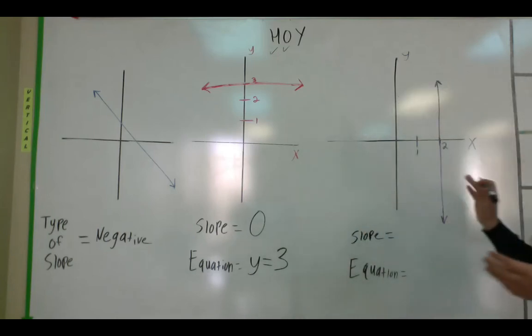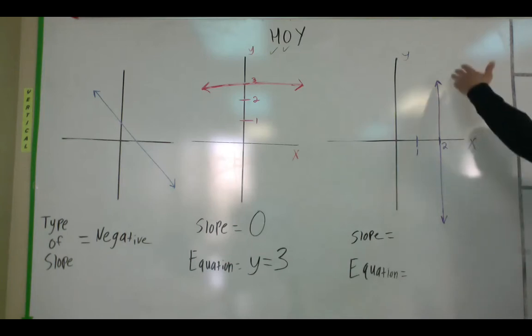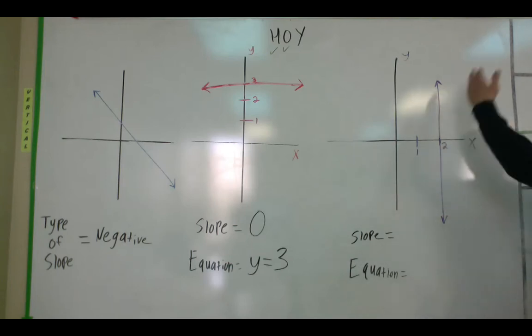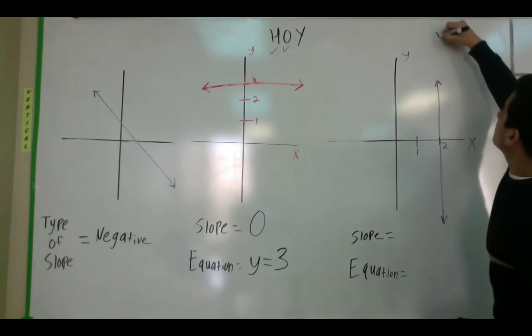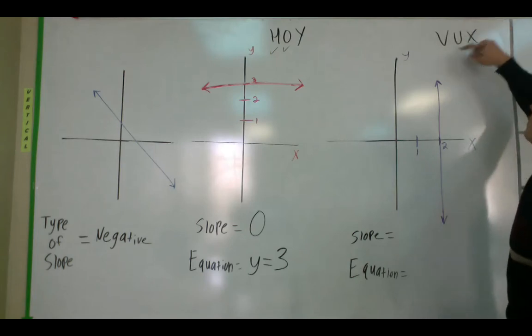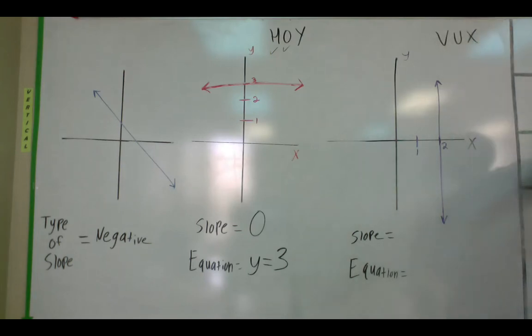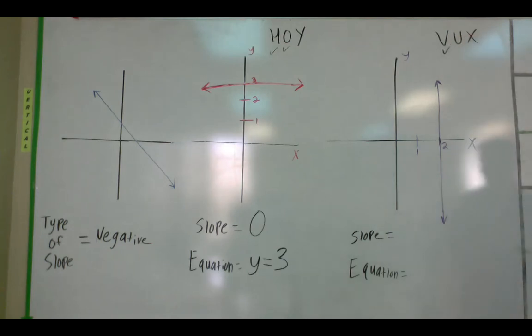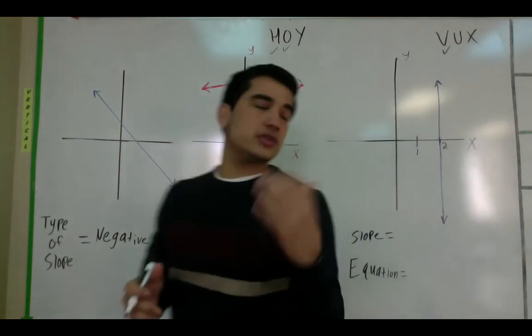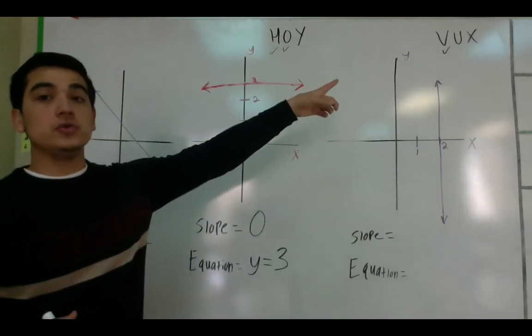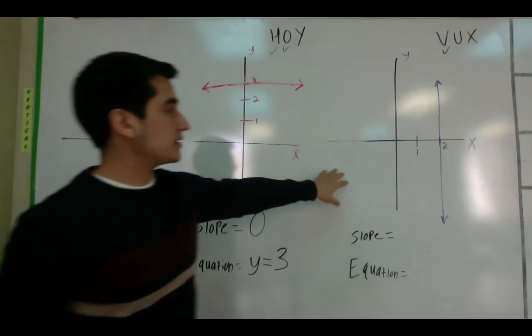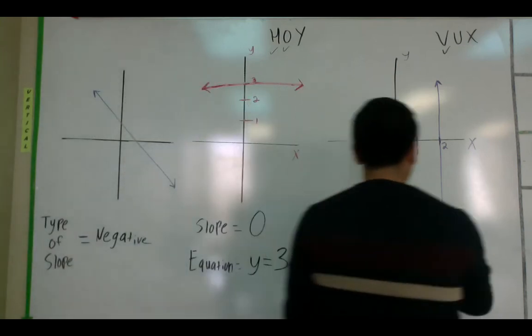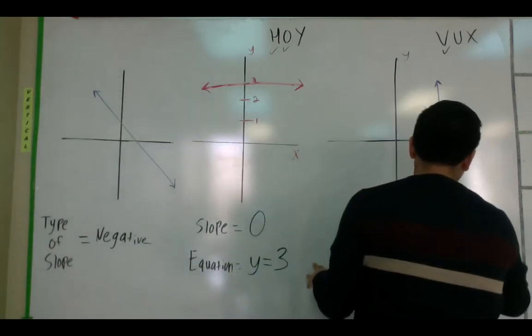The next one, y'all can guess what this one's going to be, right? This is a purple line that's going up and down. Up and down means it's going vertical, which means it's a vux. So vertical lines are a vux. That's what the V tells me. Again, the middle letter tells me about the slope. My middle letter is U. U tells me that the slope of this vertical line is undefined.